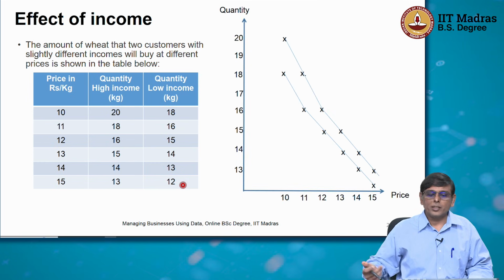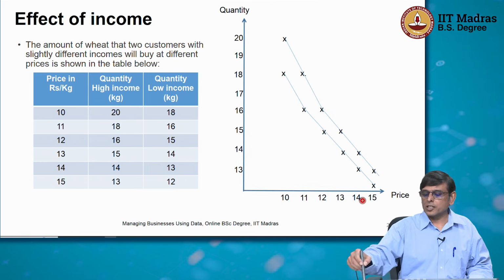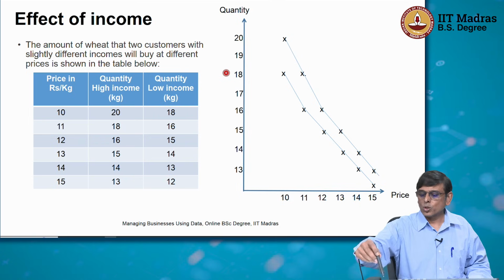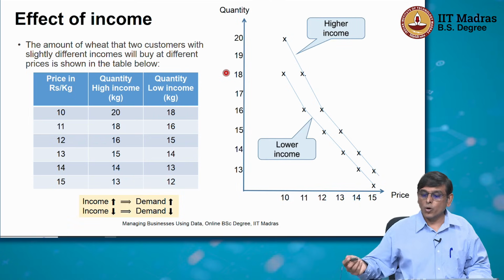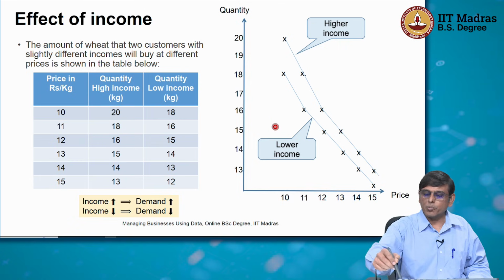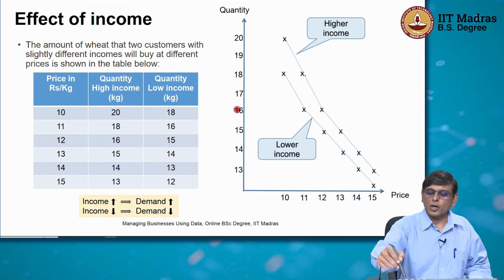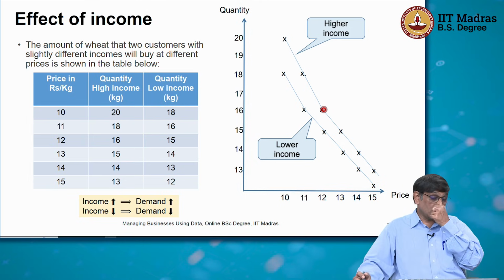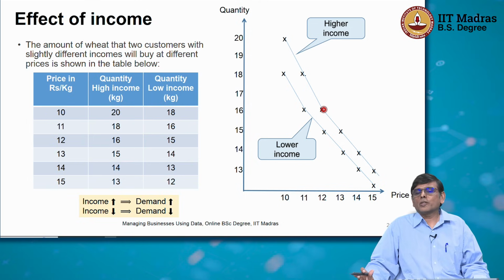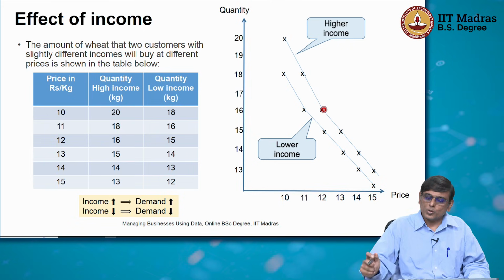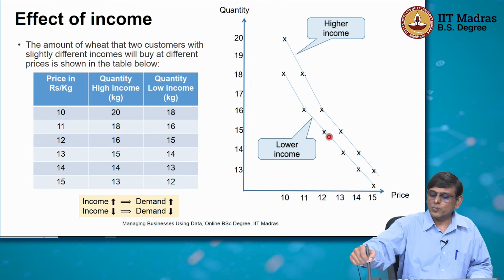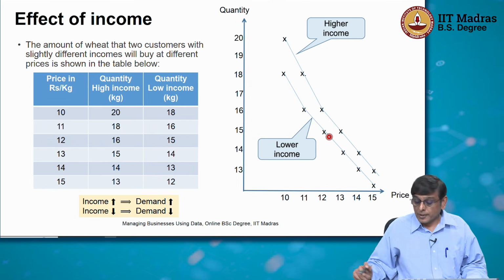So you can plot it. These are the prices here, and these are the quantities. The lower income person is here at the same price. This person was willing to buy 15 kilos, but the higher income person is willing to buy 16 kilos because he has that much more money to spend. So he is willing to buy an additional kilo for the same price.